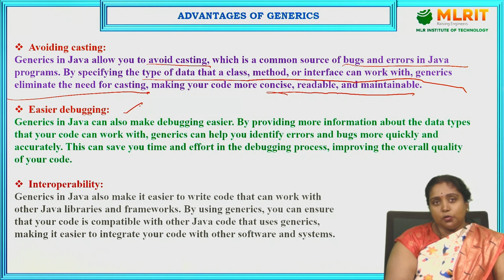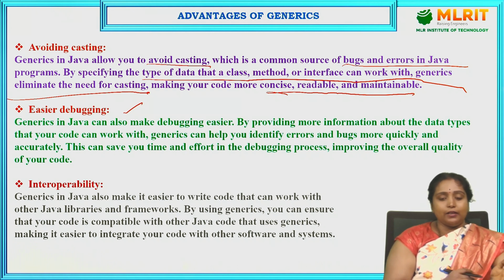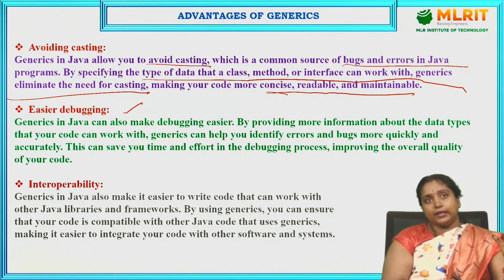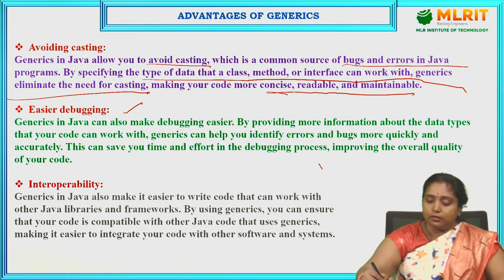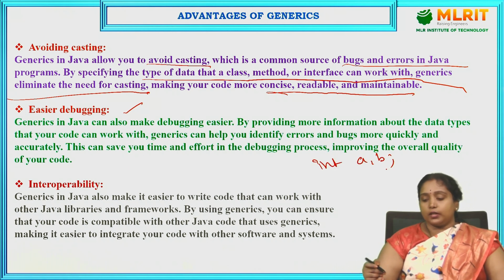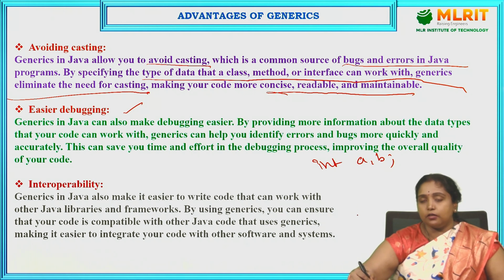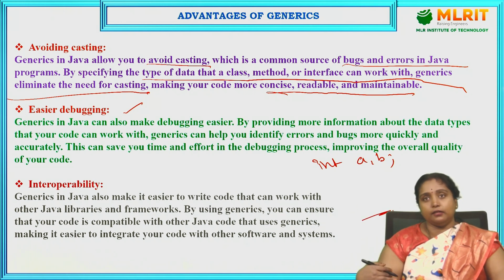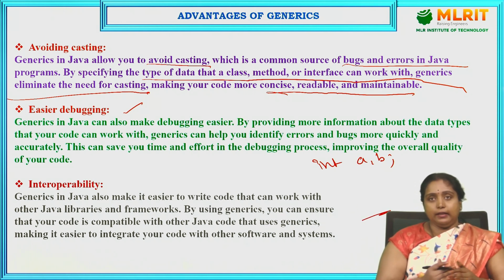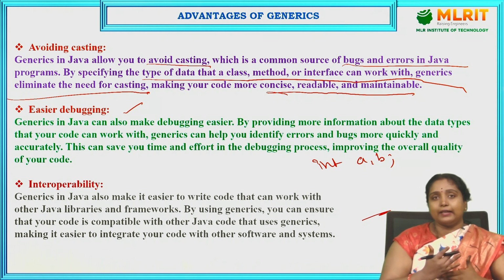And the next one is easier debugging. For example, if I have created variables like int a, b, and I'm using float, so I'm converting that into float in the later sections. It might get confused and it might get errors.